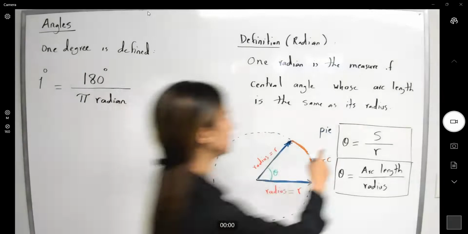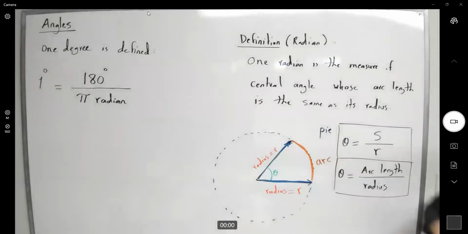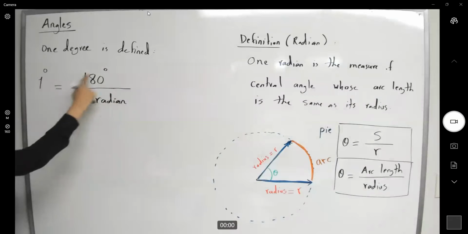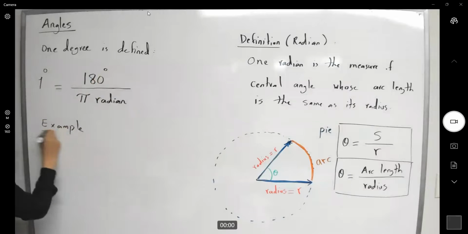So 1 radian is defined as the arc length divided by the radius, and 1 degree is equal to 180 degrees divided by pi radian. Let's go over a couple of examples so you feel comfortable about this.